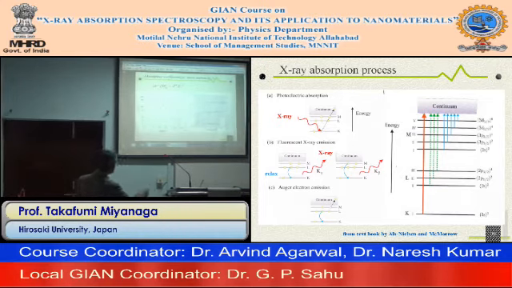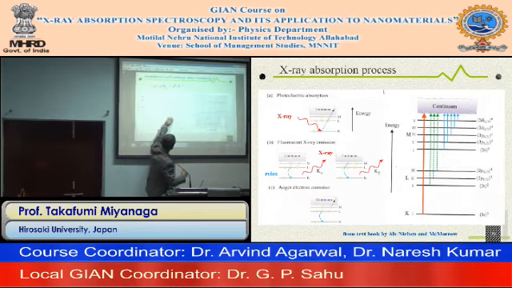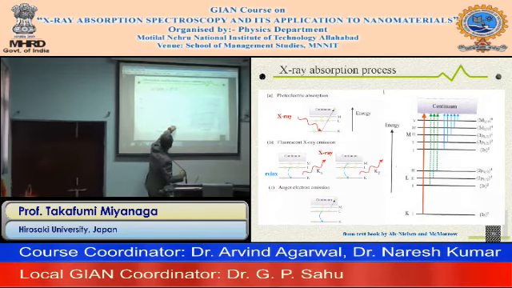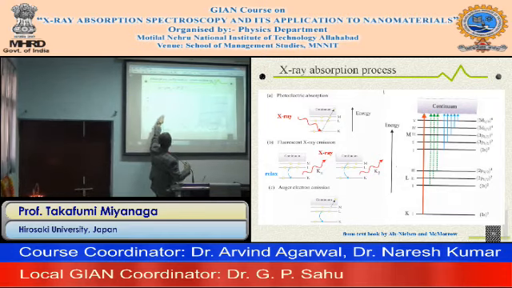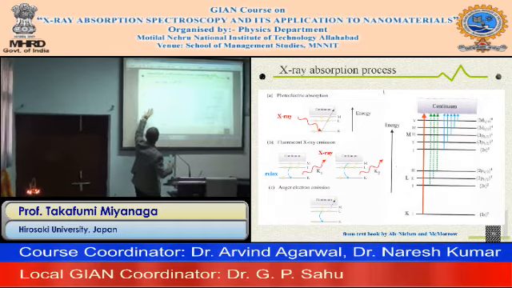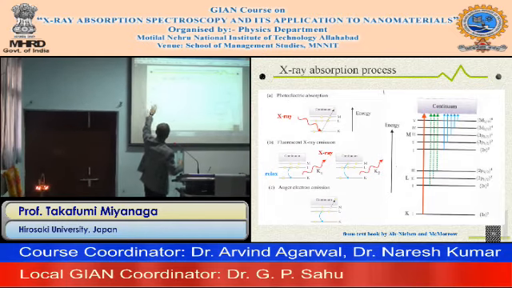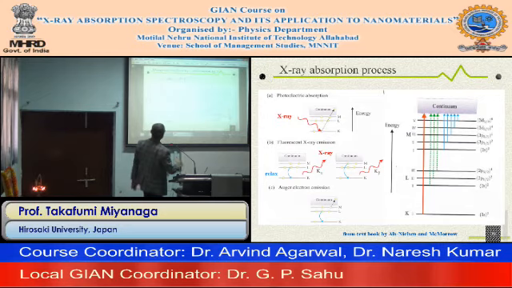And this background includes the excitation of electrons in other levels, and this edge has a background of the higher energy, lower energy excitation, excitation cross section, and so on.